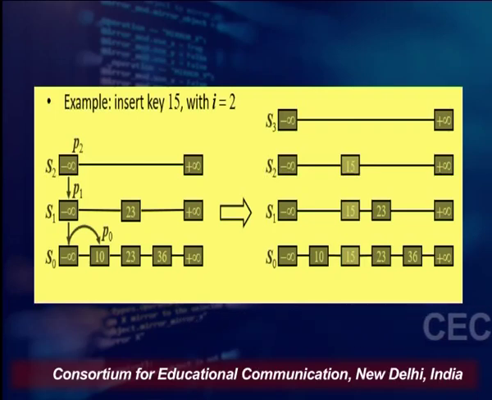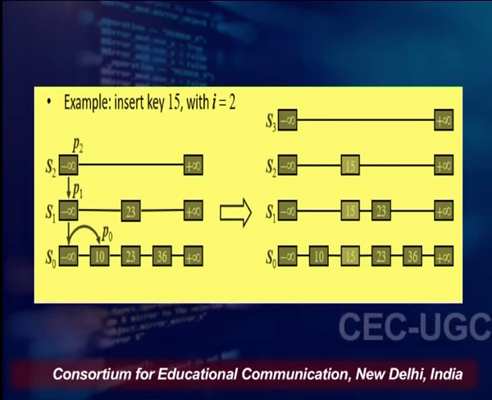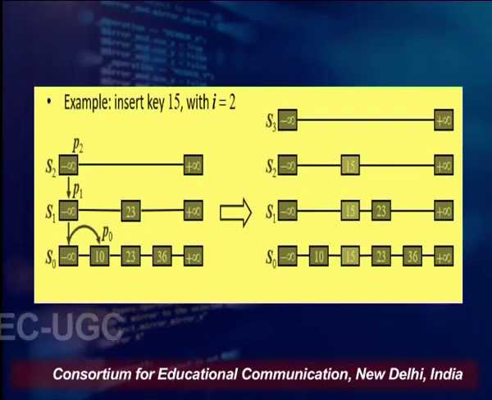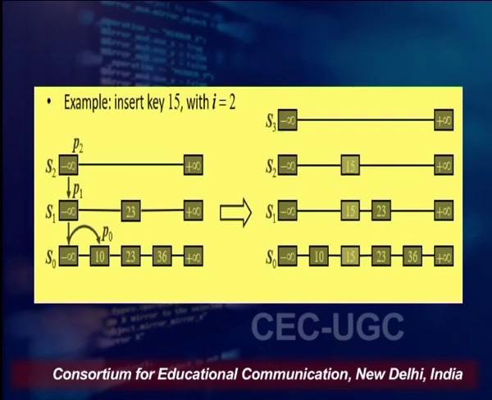Now, the point is 15 is inserted, and I have already given you i equal to 2. So, that means on 2 more levels I will be replicating my key, which is 15.